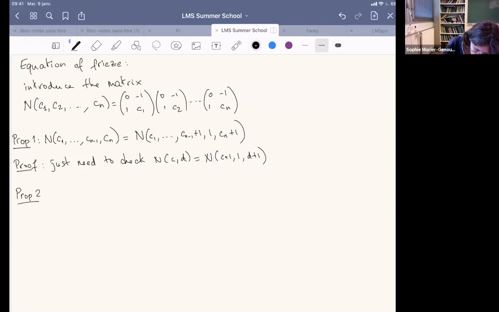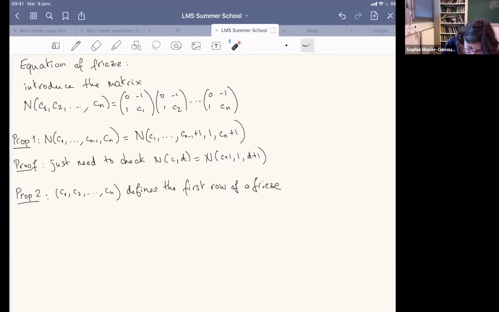And this is very important for us, because now what I'm going to prove, the second proposition, is that C1, C2, Cn defines the first row of a frieze. When I don't repeat, I'm only considering frieze with positive integer entries.